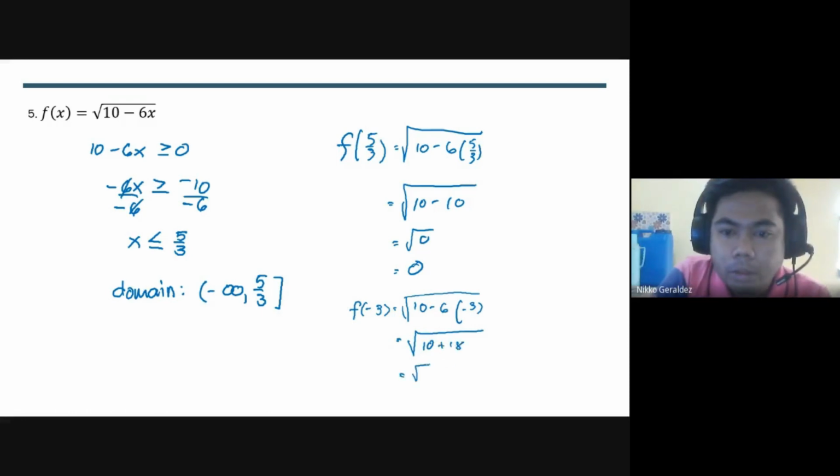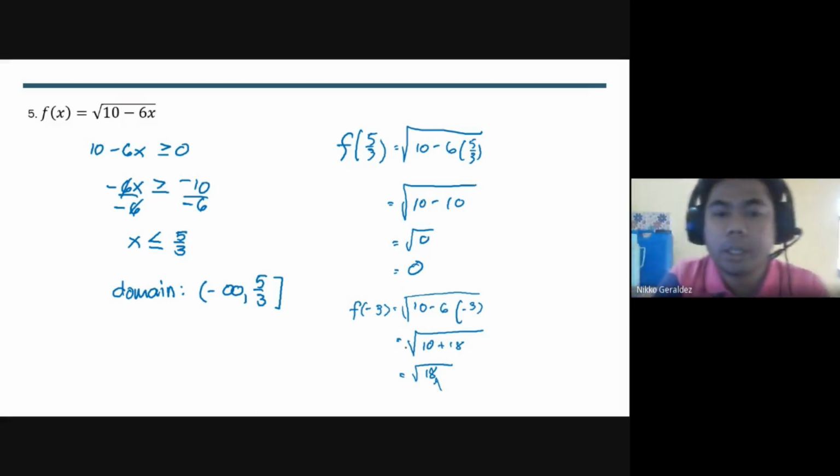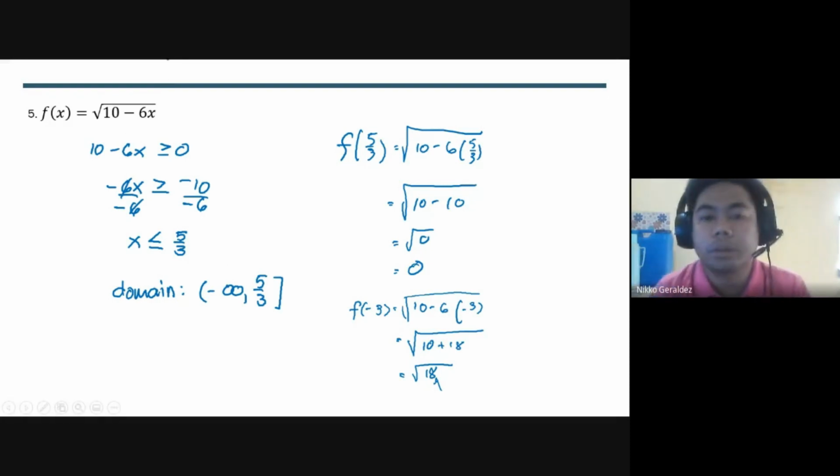So, equal to square root of 18. So, the numbers inside the square root become positive. So, negative numbers are included in the domain of the function.